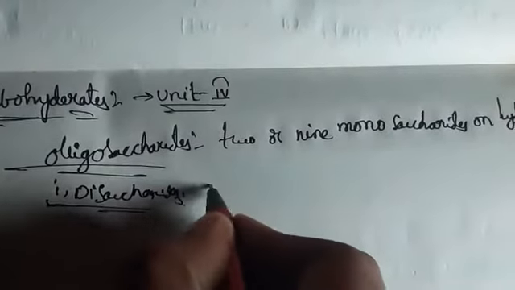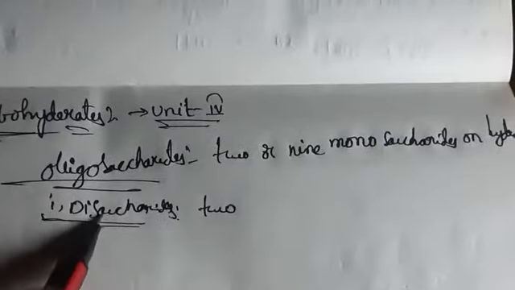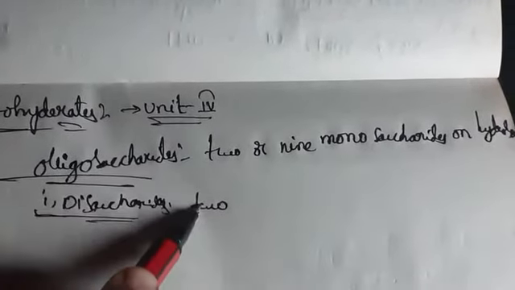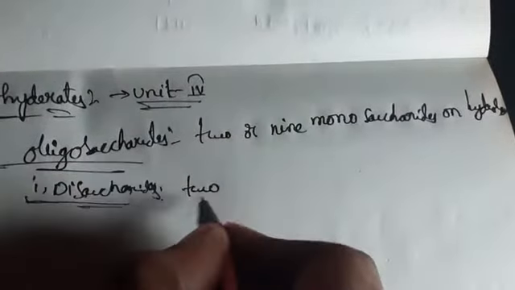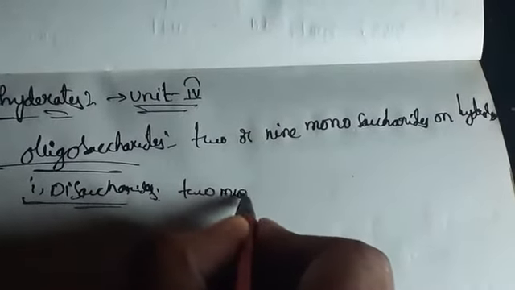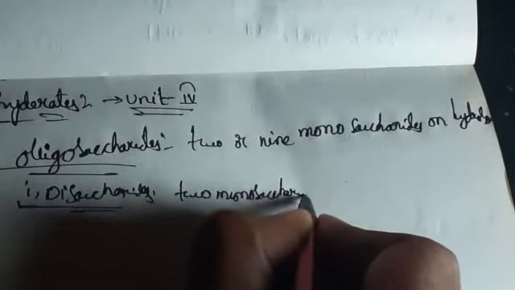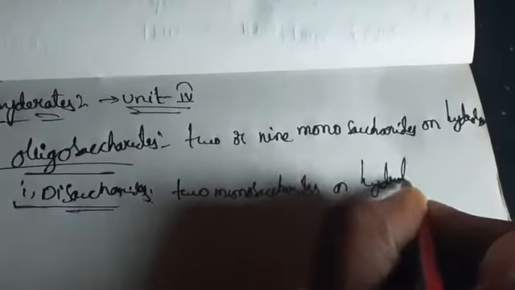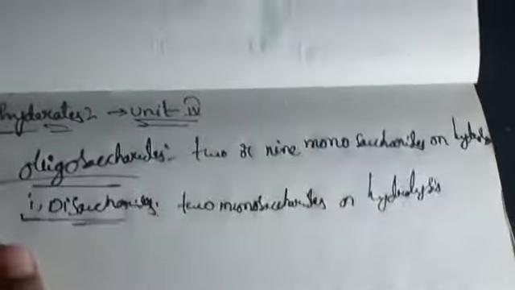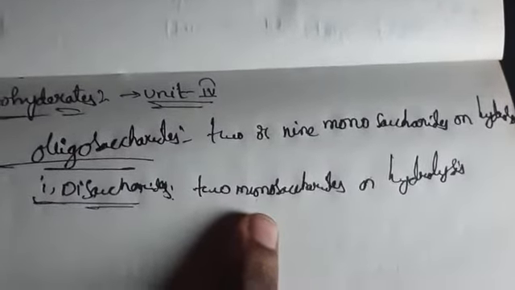When we do hydrolysis, the compound containing 2 monosaccharides on hydrolysis, we call it a disaccharide.